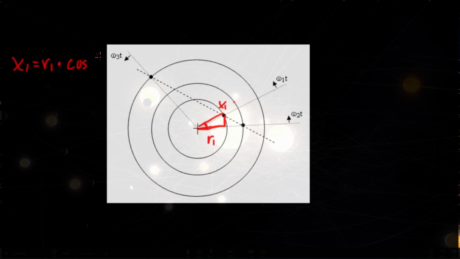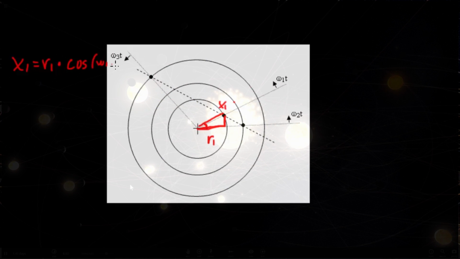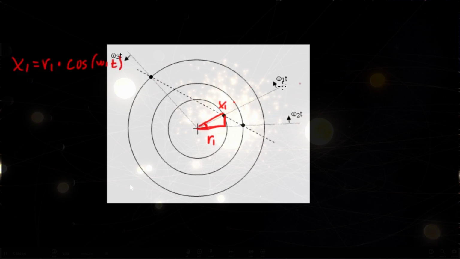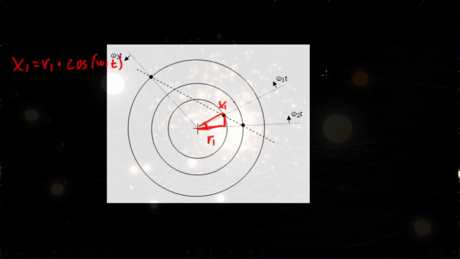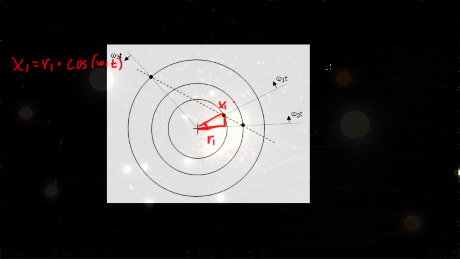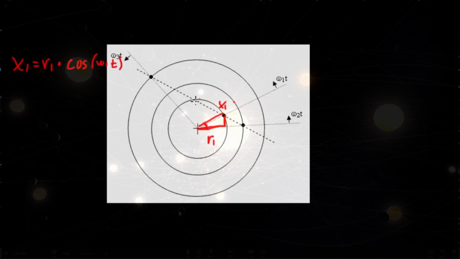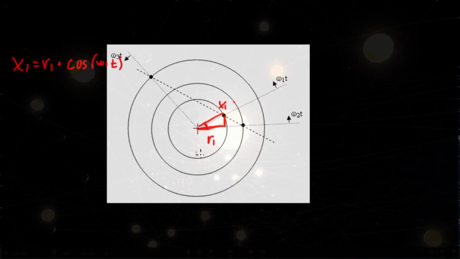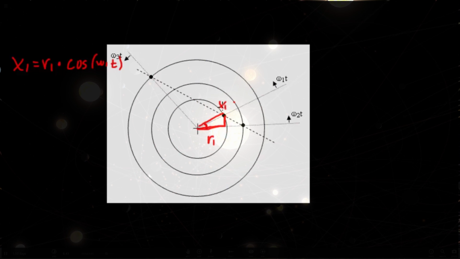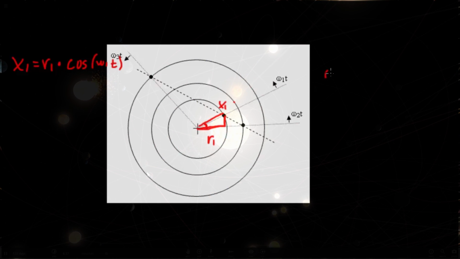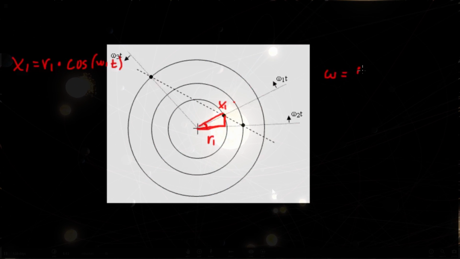Now we're going to call this angle omega 1 t. What does that mean? Well, omega is the speed in terms of radians. So in other words, this is how fast the object is moving on this circle. Now circles can be divided into radians, and here omega represents radians per second.